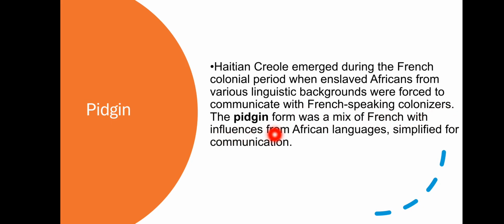The Pidgin form was a mix of French with influence from African languages, simplified for communication. Now, the source language, or the lexifier language, would be French. And we can see there was also influence from the local languages which were spoken by the Haitian people.